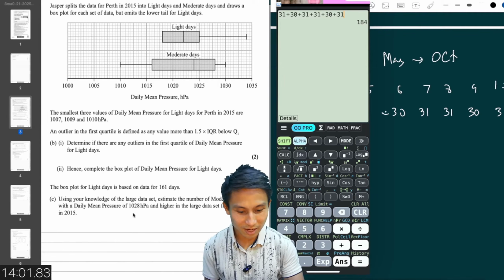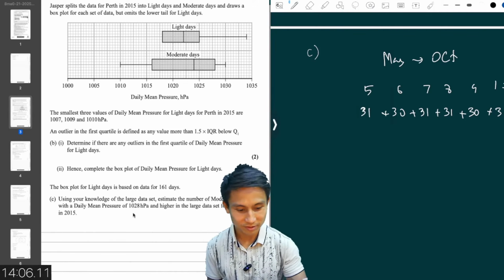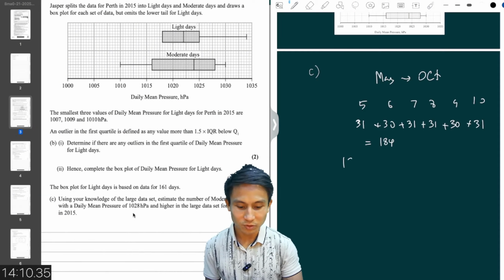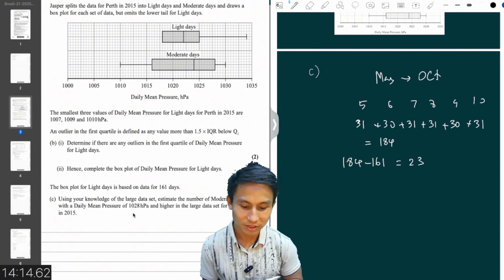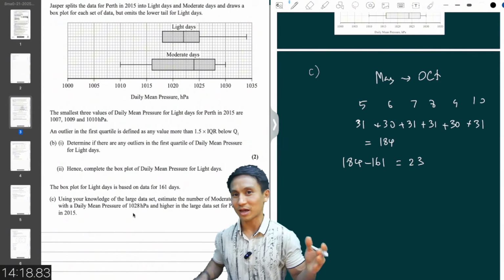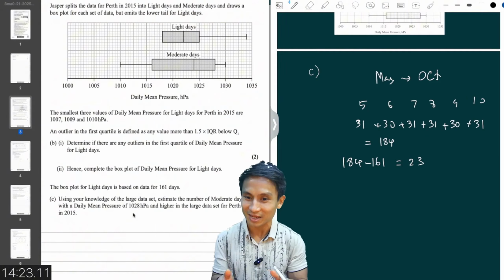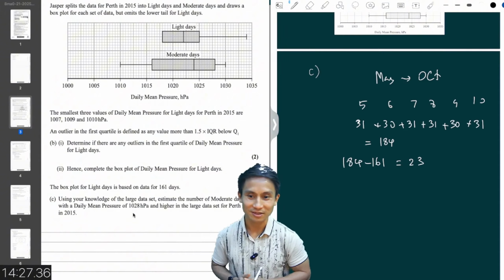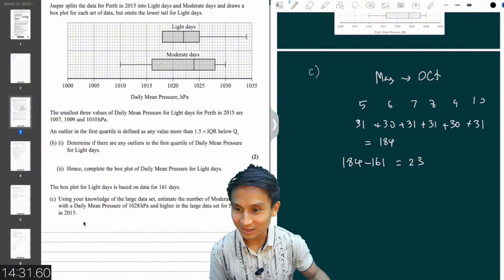So they all add up to 184, right? That means we just do 184 minus 161, because that should be the remaining days, right? The large data set is from May to October. I might remember this wrong, but I believe if that is the case, then we just subtract 161 from all the days. And I think, isn't that it?